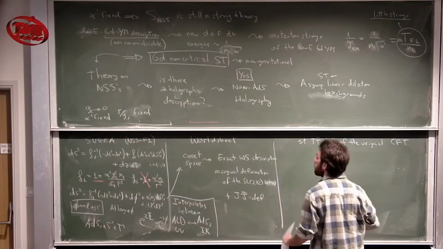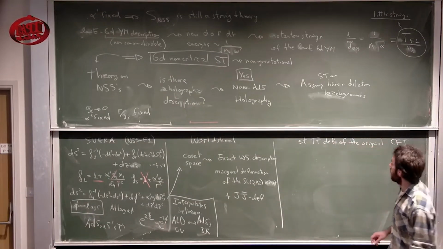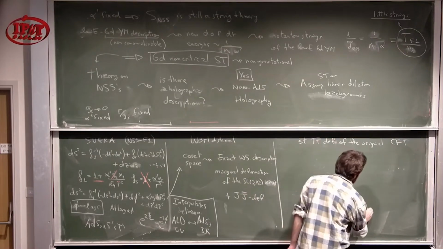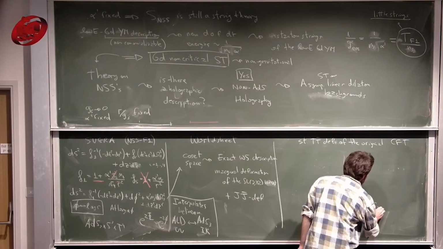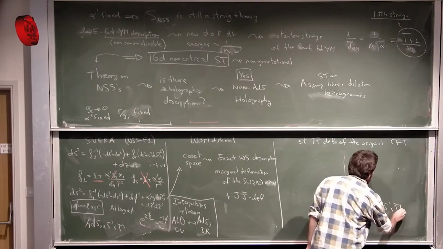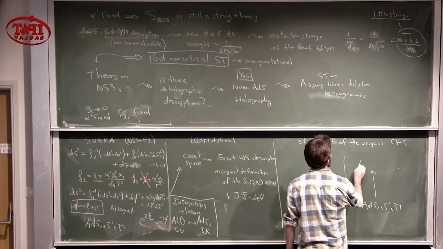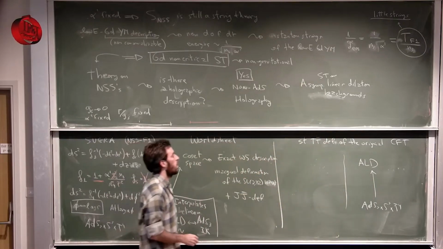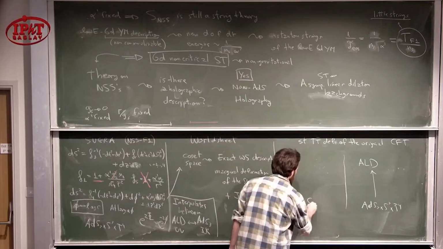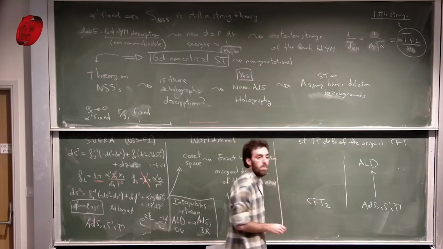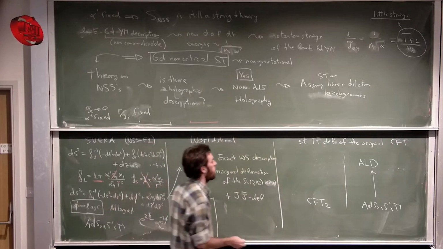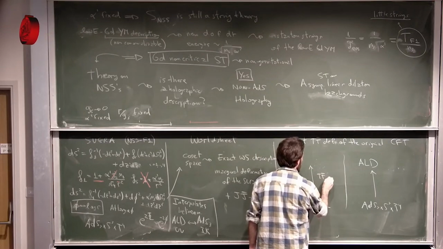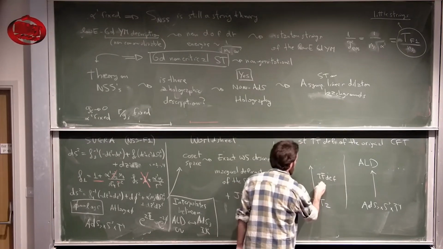And the third description for this is to say, okay, I started from, so here I have in the geometry an AdS3 cross S3 cross T4 space, and I extend it into the asymptotically linear dilaton region. Here on the dual side, I have some CFT2, and as it turns out, you can define some type of TT bar deformation, which is an irrelevant deformation.